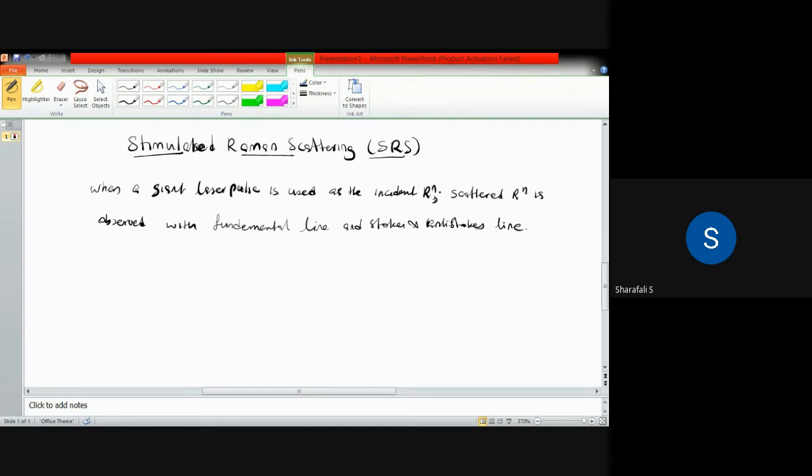So this scattered radiation is observed. Here you can add one more: along the laser direction.